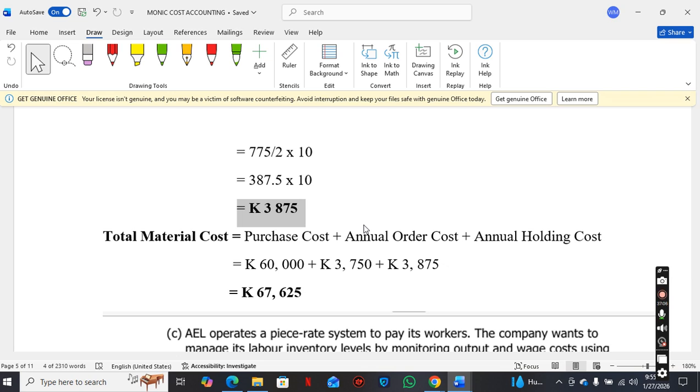So, total material cost. Any questions before we go to part C?